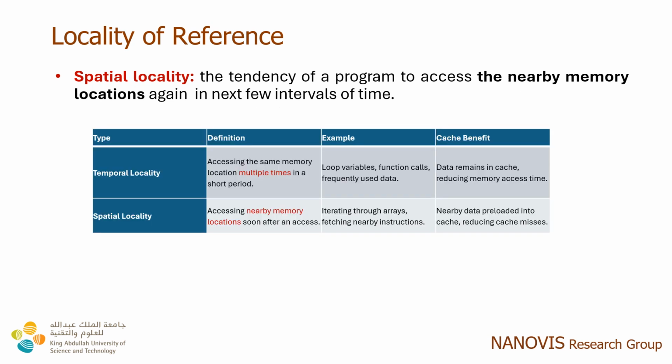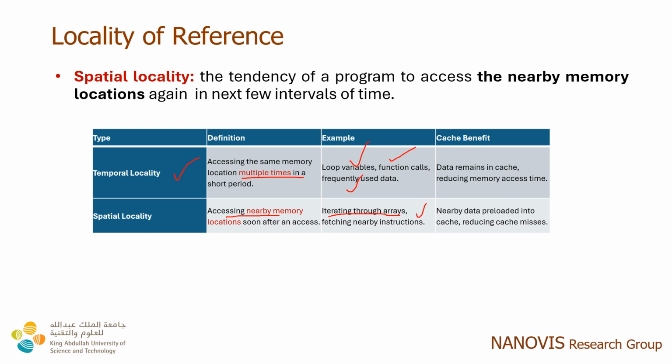In summary, temporal locality is accessing the same location multiple times, and spatial locality is accessing nearby locations in the next interval of time. Examples of temporal locality include variables, function calls, and frequently used data, whereas for spatial locality, they are iterations through arrays and nearby instructions.